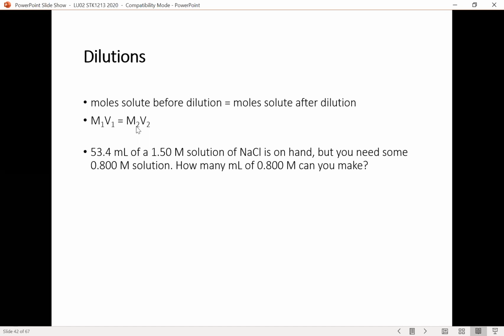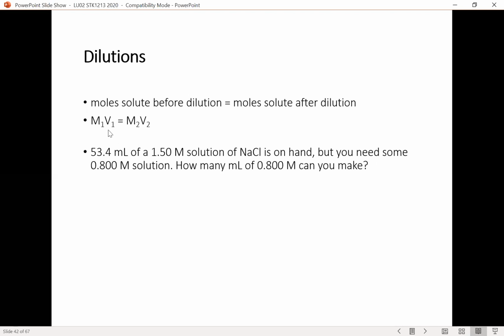M2 is the molarity of the resulting or diluted solution, and V2 is the volume of the resulting or diluted solution.